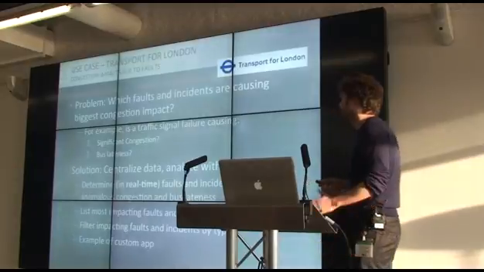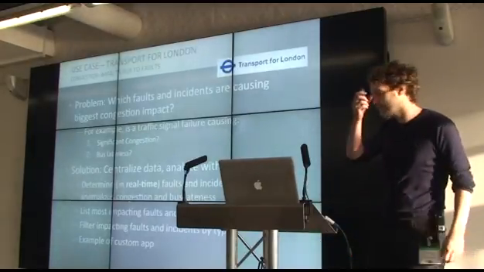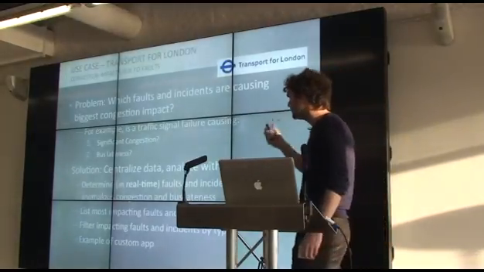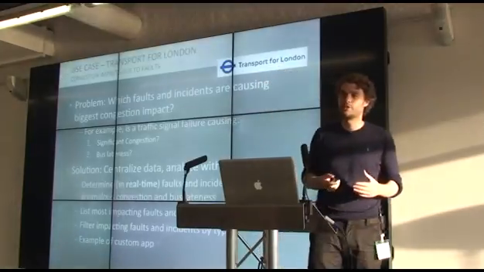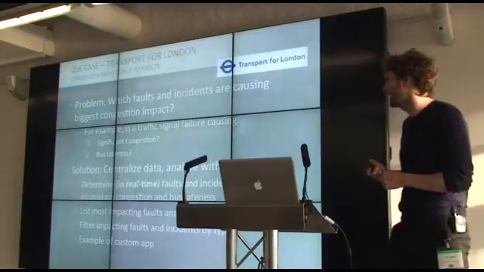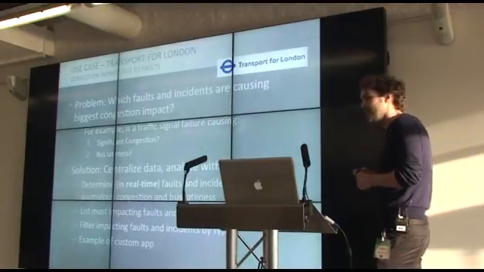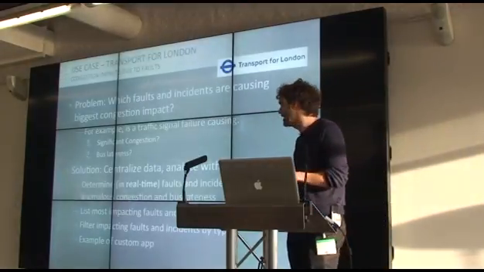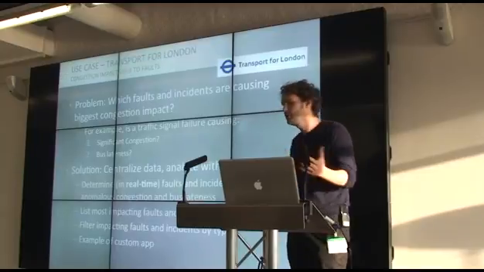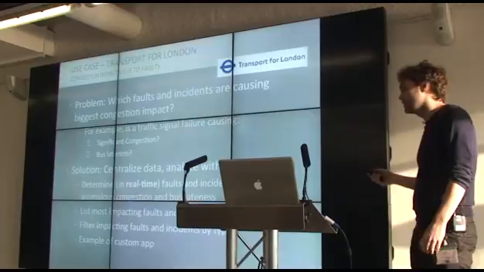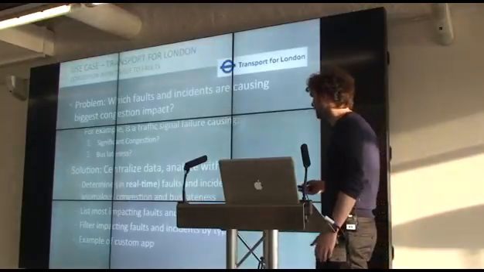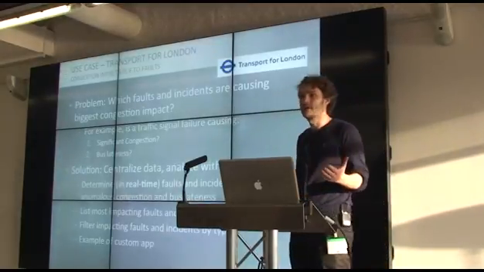So, very briefly on the use case, this was just a proof of concept. Transport for London wanted to monitor congestion on the bus network, and they also had a database of faults that they knew about on their system, with a location and a time for each. They wanted to correlate those with congestion so that they could potentially rank them and prioritize fixing things.